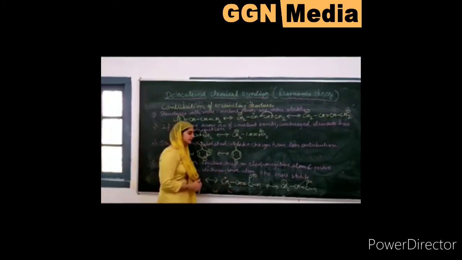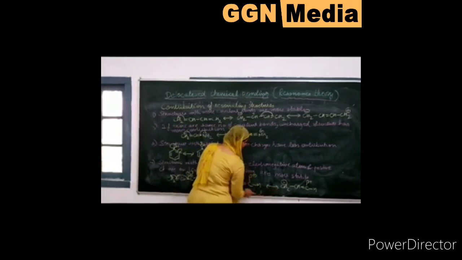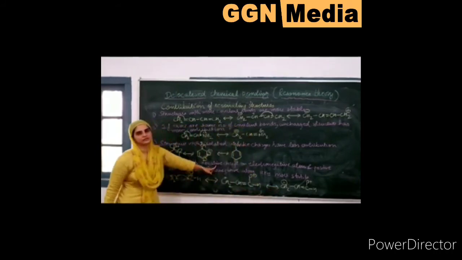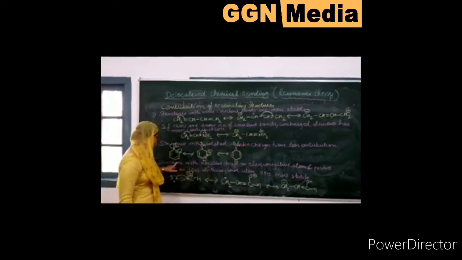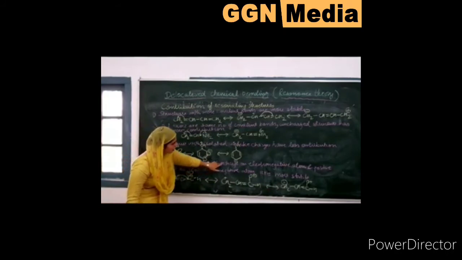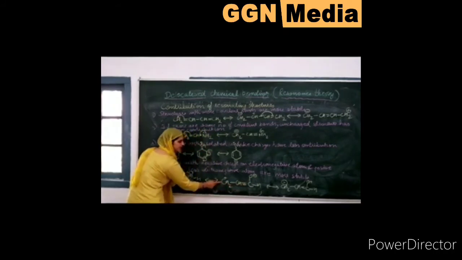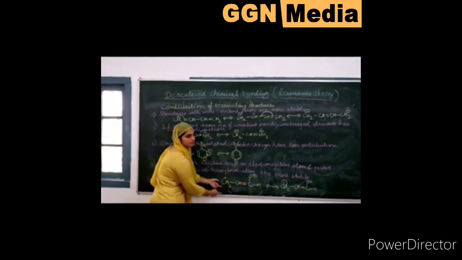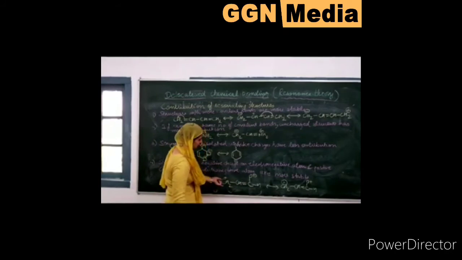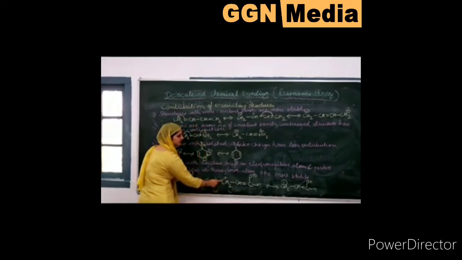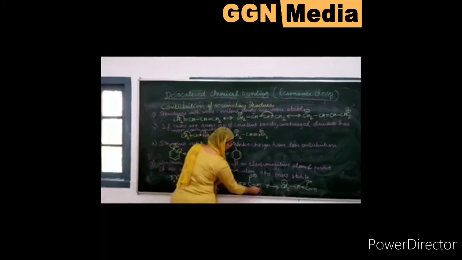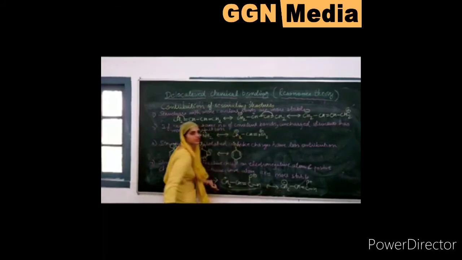So, if we have to find the stability between these two structures, then we have to stick to this empirical rule, which says that the structures with negative charge on the electronegative atom and the positive charge on the less electronegative atom will be more contributing and more stable. So this structure has more contribution as compared to this structure.